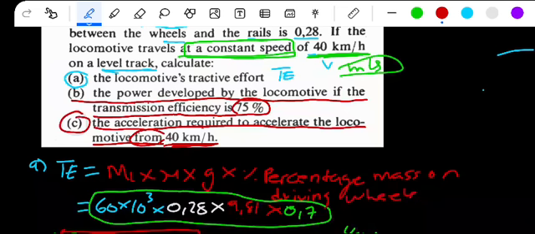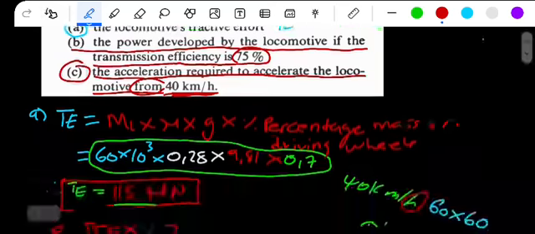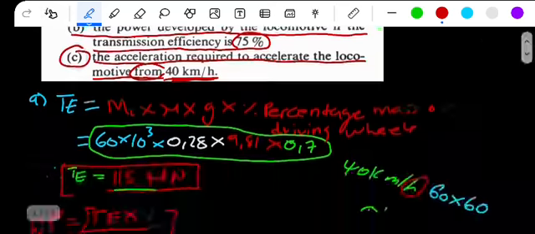Remember, if it's needed to accelerate, you must have the force of acceleration. Okay, let's go and have our C.